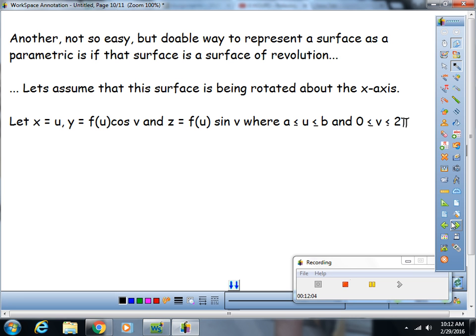So now we're going the other way. Write a set of parametric equations for the surface of revolution, and then, let's see, we're going to start here at 1.